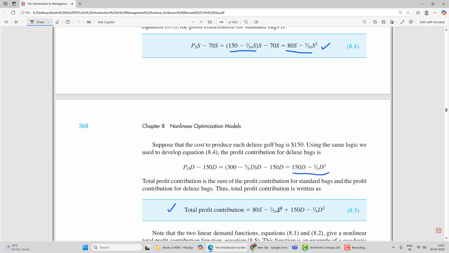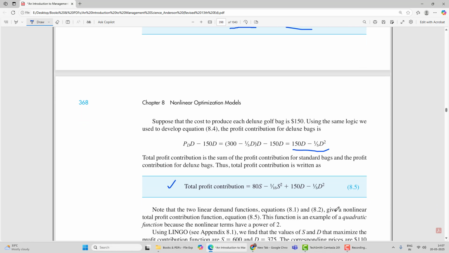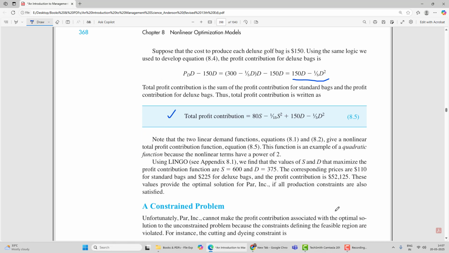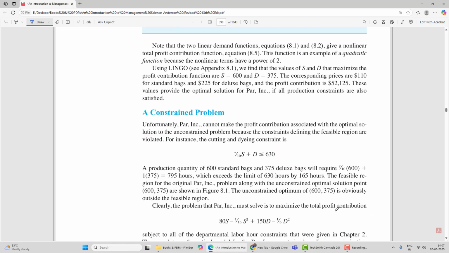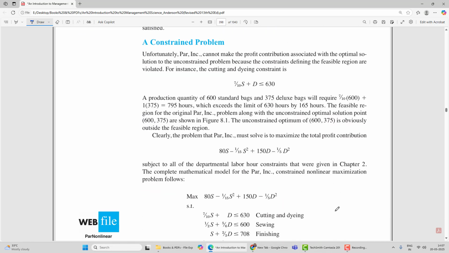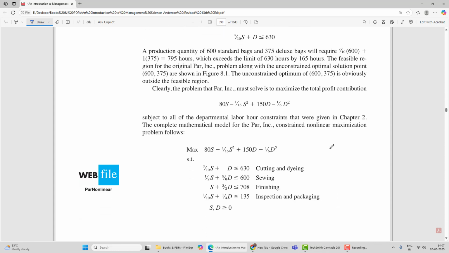Now, because my variables S and D are not in linear form, their squares are now there in our equation, this will be a non-linear equation. How to solve this, I am not going to explain here. In this particular video, we are just constructing the non-linear formulation for the problem.